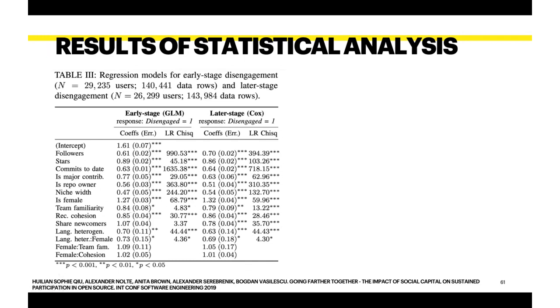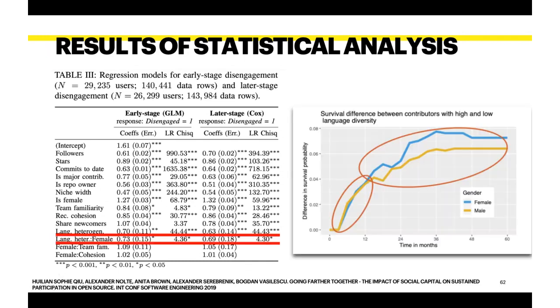What is also interesting is that language heterogeneity, so essentially the presence of multiple programming languages within the same project, has a coefficient lesser than 1, meaning that the more heterogeneous the projects are in terms of programming languages, the less likely contributors are to disengage.